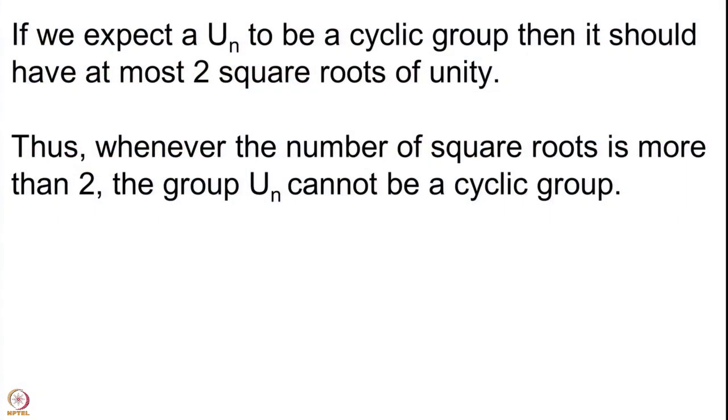So, whenever the number of square roots of 1 is more than 2, then the group UN cannot be a cyclic group. So, what we are going to do is that we will look at all UN, we will take away the UNs which are never going to be cyclic, because we have computed the number of square roots of 1 in all Z by nZ.